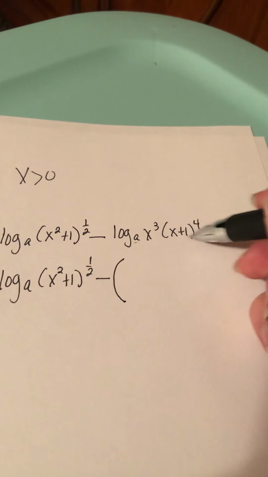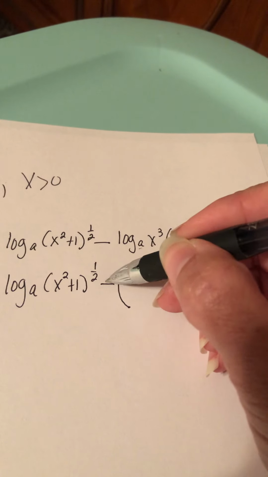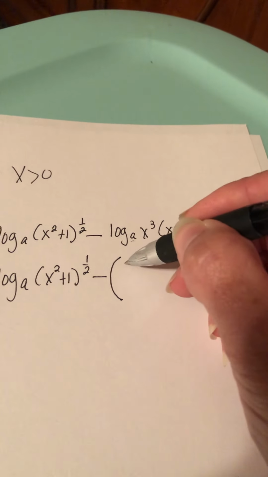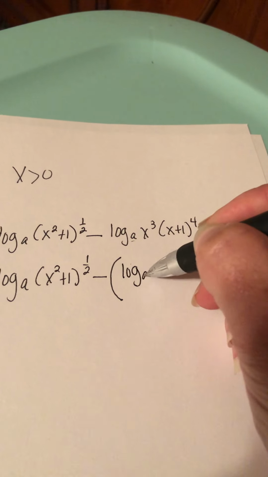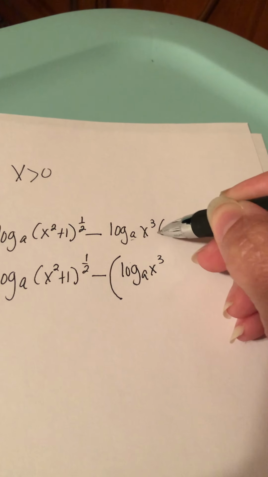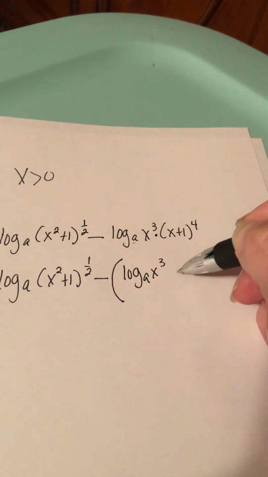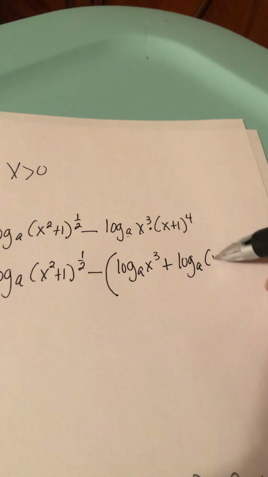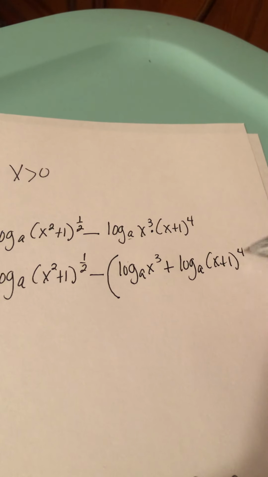But since it's in the denominator, that minus sign is going to have to distribute to every part of this product. So I'm going to make this log base A of x cubed, and since this is my product part, I'll have plus log base A of x plus 1 to the 4th.